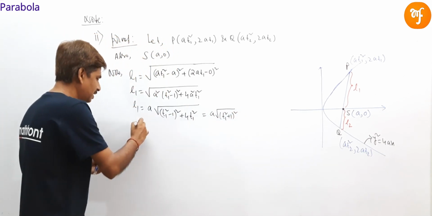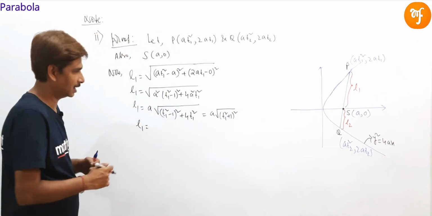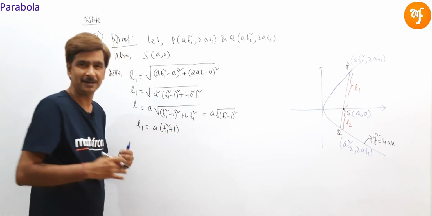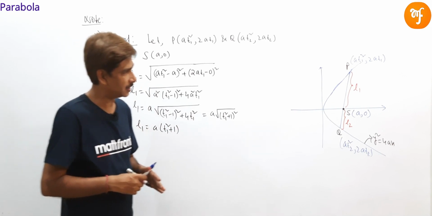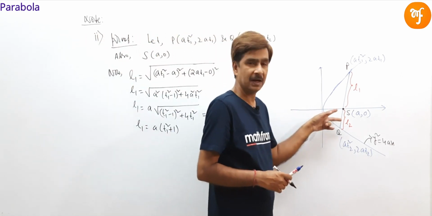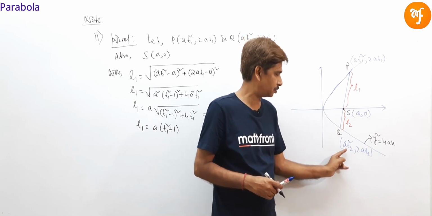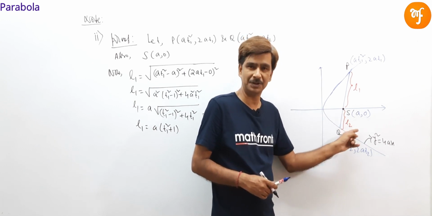So what is the value of L1? The value of L1 can be written as a into (t1 square plus 1). Okay, so similarly, we can find the value of L2 by applying the distance formula between (at2 square, 2at2) and (a, 0).